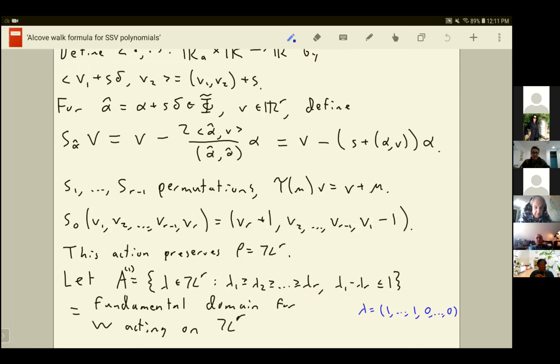Now, if I allowed myself to use the full Weyl group, the extended affine Weyl group, then I could just reduce everything to 0. But for reasons that will be clearer later, I don't want to do that. I'm just using W. And so this is my fundamental domain. Any questions?